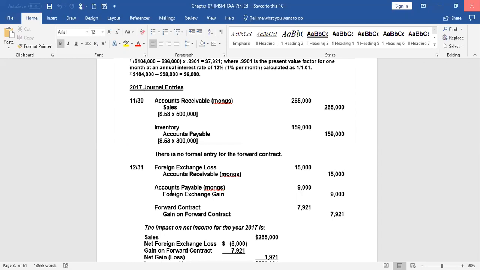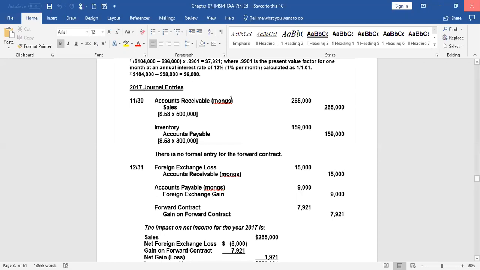As of November 30th, when they made the sale, they were supposed to get 265,000. So as of December 31st, this decrease in the value of the mong causes a foreign exchange loss that must be debited, and we must decrease accounts receivable to the US dollar amount we would have received on December 31st.